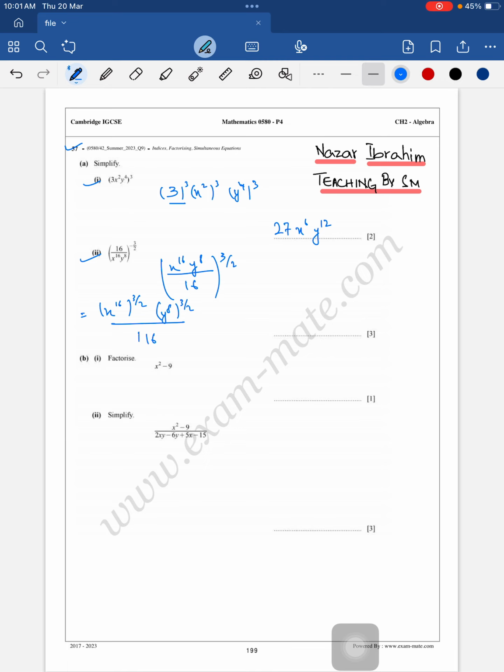2 ones are 2, 2 8s are 16. So x to the power 8 into 3 is x to the power 24.